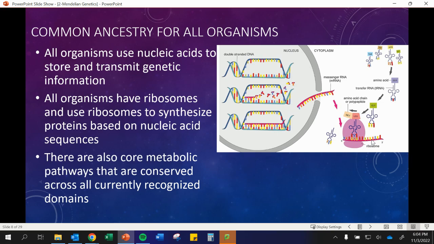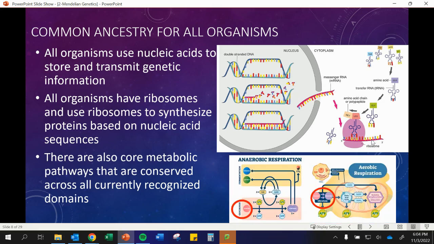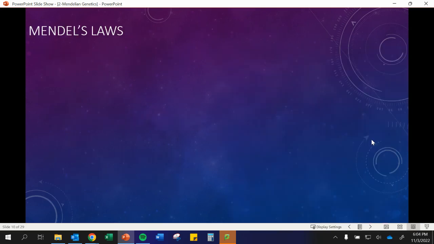There are also core metabolic pathways in some organisms that are conserved, meaning that they're present in all of them. This is probably going to be like our cellular respiration type of metabolic pathways, or like our fermentation type of pathways, glycolysis.